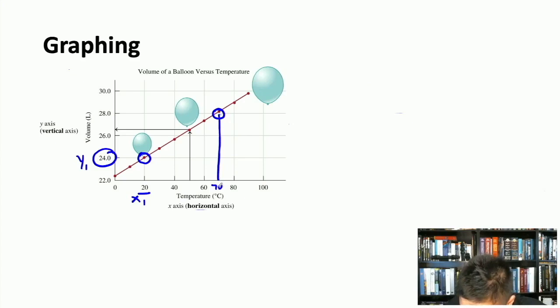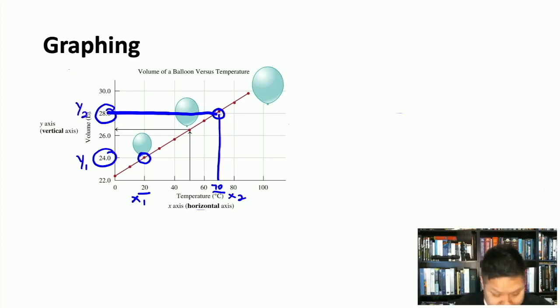So 70 here will be x2. And then that one's on that line right there, and so we go to the line, it's 28. That will be y2. I don't know why I underlined the x values and circled the y values. Who knows? So let's plug that into our equation.